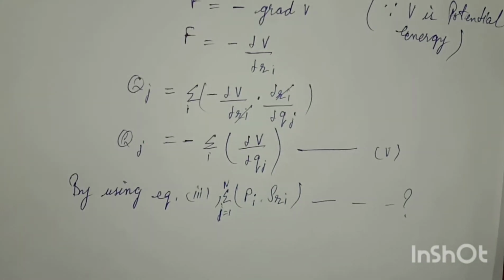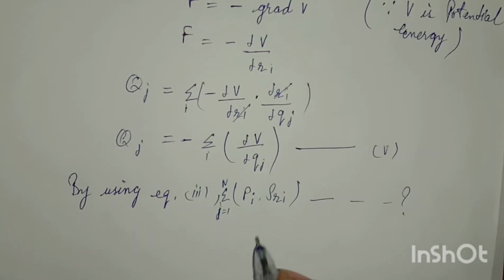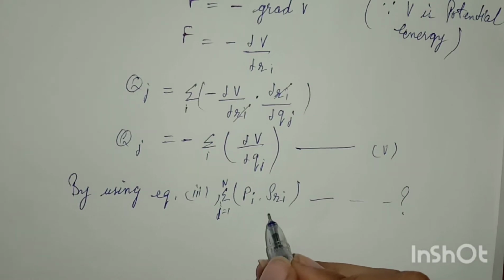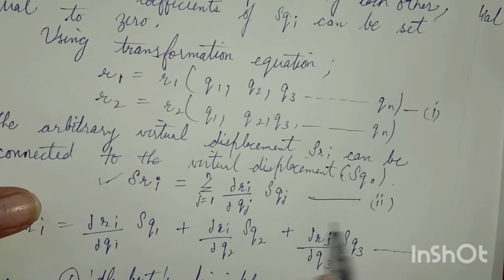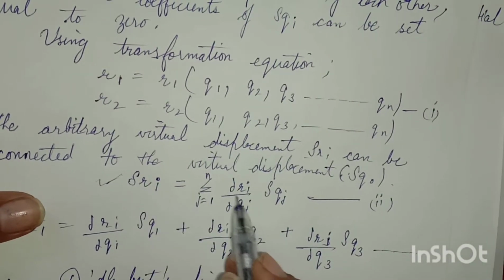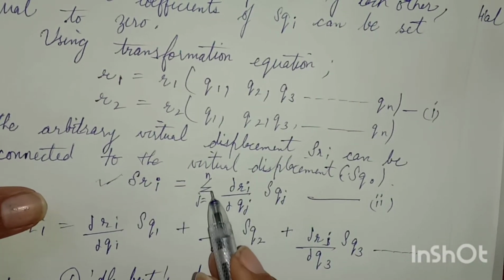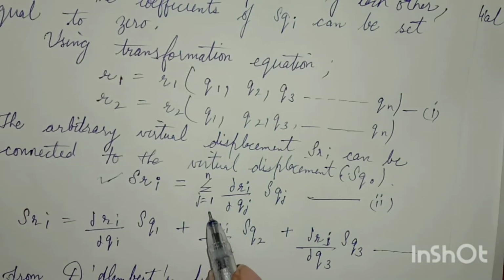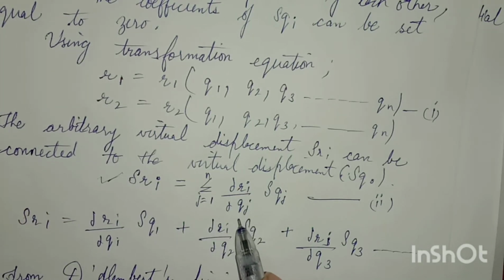Now for this, here again we put the value of delta Ri by using equation number 2. From here we can put the value of delta Ri, which is summation j equals 1 to n of ∂Ri upon ∂Qj into delta Qj.